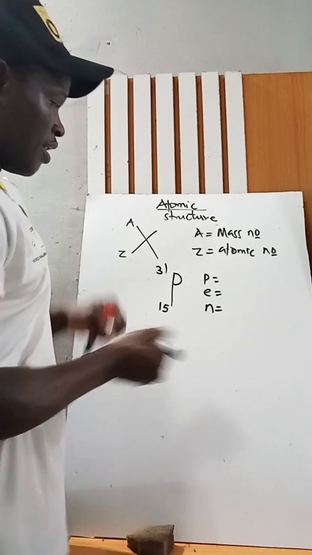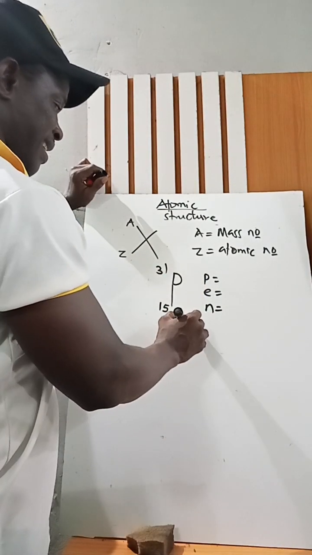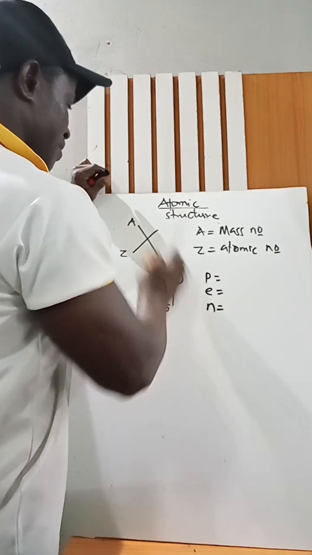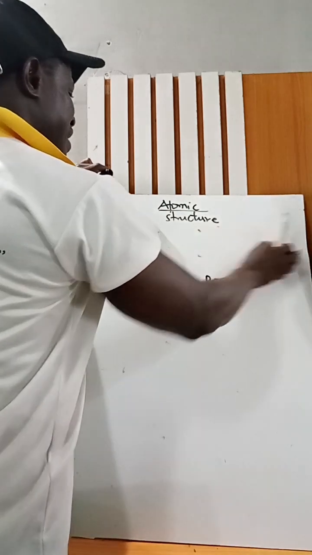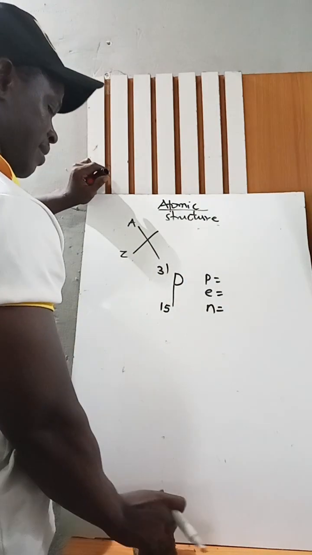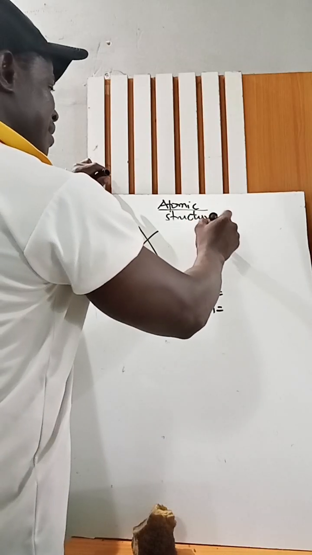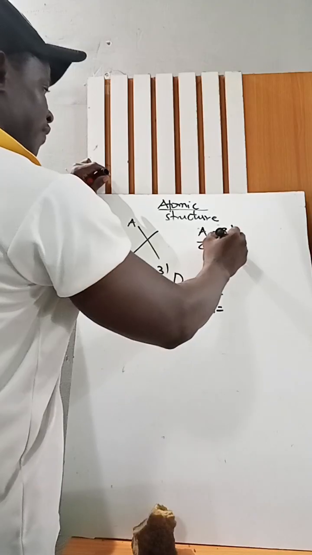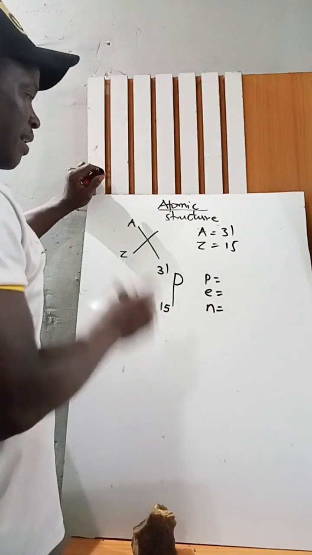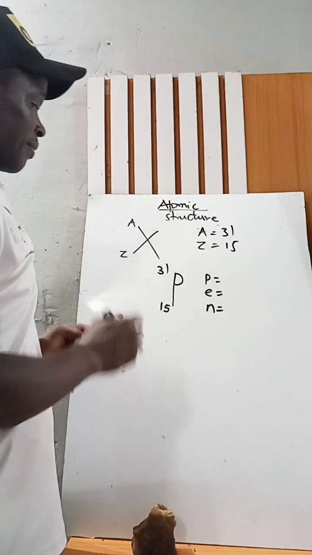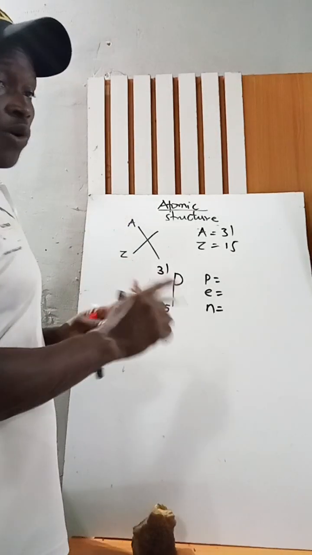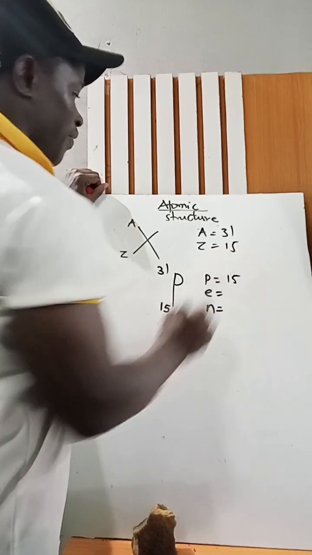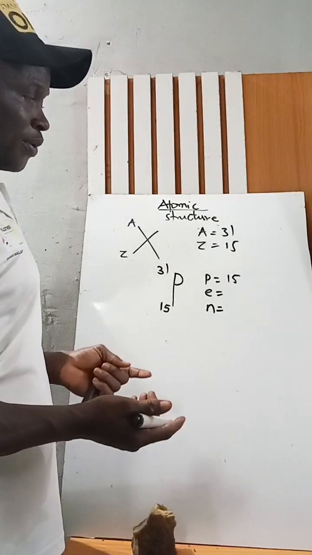So what do we do? If A is 31, my A is 31 and my Z is 15. Remember from equation 1 that Z is equal to P. So if Z is 15, it means P will also be 15. That's proton.